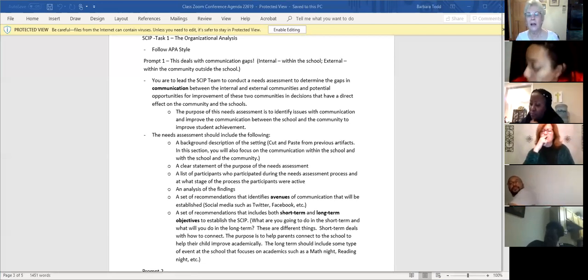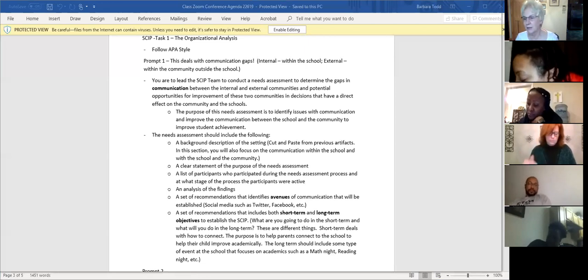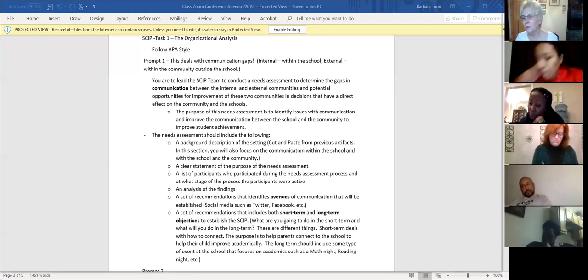And then it says, this is what's got to be in here. As I've told you before, I believe strongly in subheadings. Make sure it's all there. A background description of the setting would be one of the subheadings. A clear statement of the purpose of your needs assessment would be another one. You could probably lump those two together.